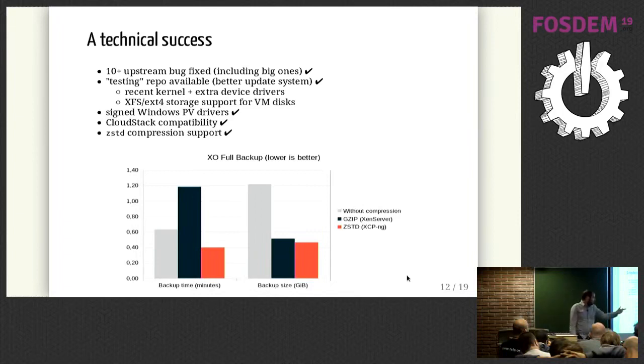Then in dark, you got gzip compression, and in red with Zstandard compression. So we did a lot of performance improvement for making a backup of a VM. For example, when you export the VM, it's compressed with Zstandard, and it's really, really faster, up to 6 times faster than gzip. So it means in less than 1 year, we were able to add really cool features in a short amount of time.